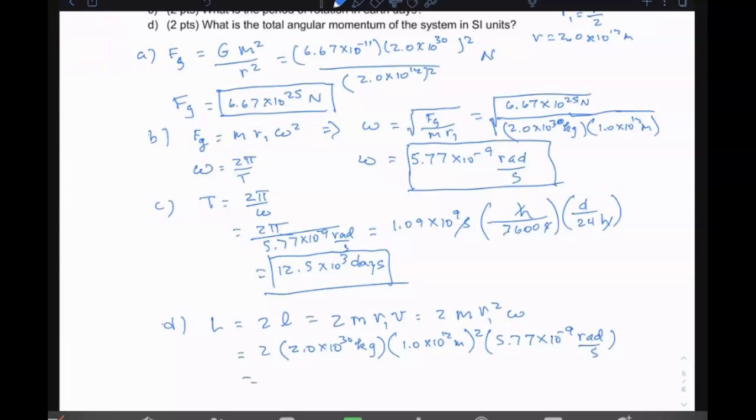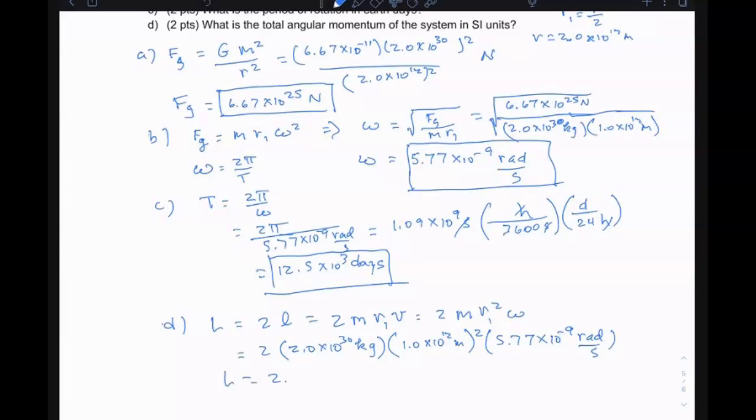And our answer is 2.31 times 10 to the 46 kilogram meter squared per second.